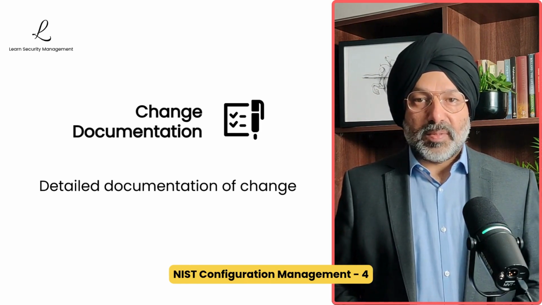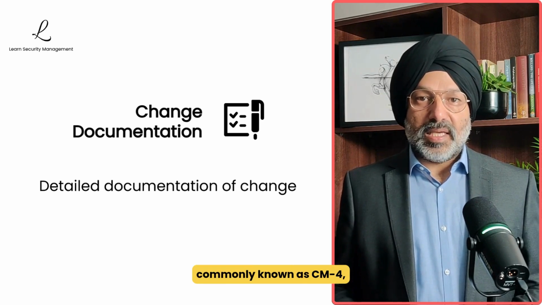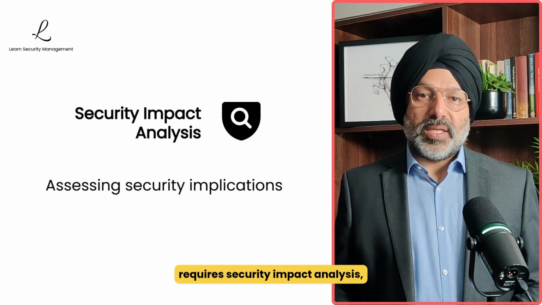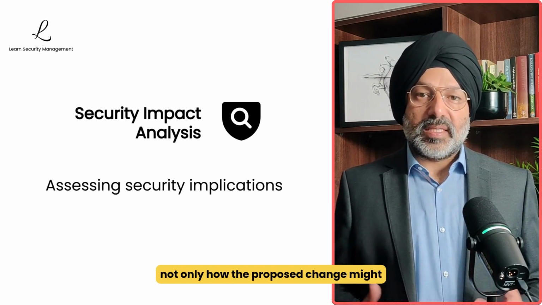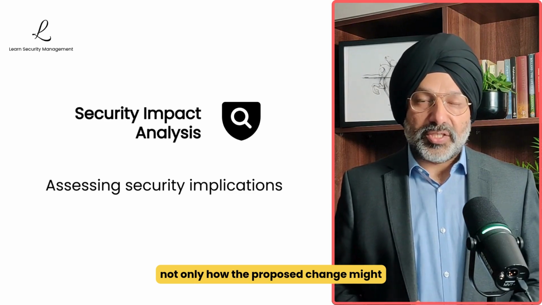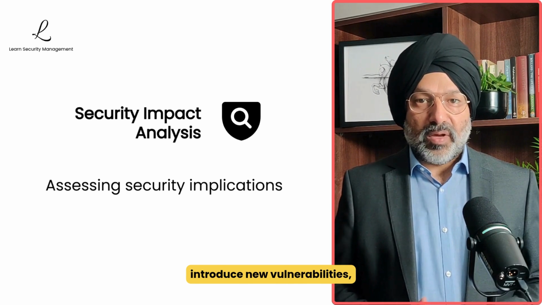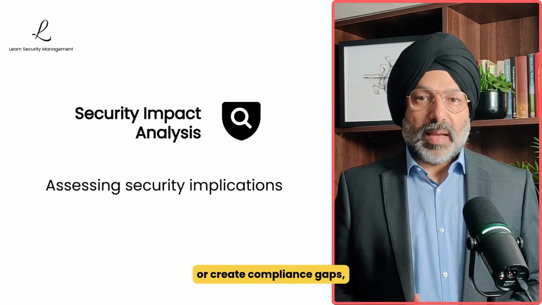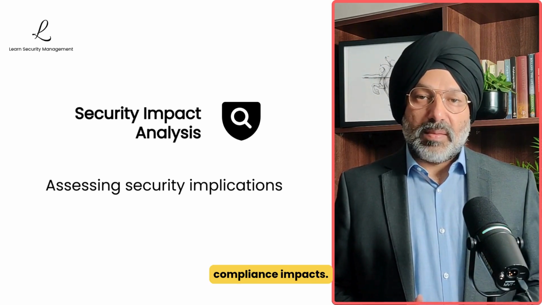NIST Configuration Management 4 control, commonly known as CM-4, requires security impact analysis, a critical step where professionals assess not only how the proposed change might affect existing security controls, introduce new vulnerabilities, or create compliance gaps, but also consider potential operational and compliance impacts.